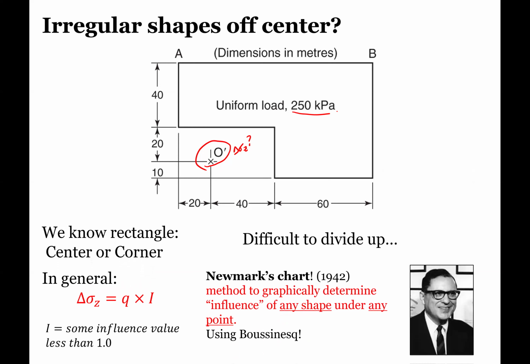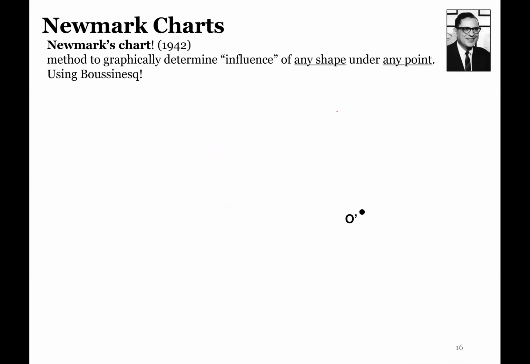So what the Newmark chart does is it applies the Boussinesq equation to get an approximate influence of any shape under any point. It uses Boussinesq theory, and it looks kind of trippy, but it's a really useful tool to estimate this influence factor I. The Newmark chart is a method to graphically determine the influence of any shape under any point using Boussinesq.